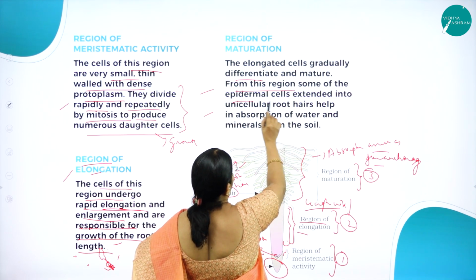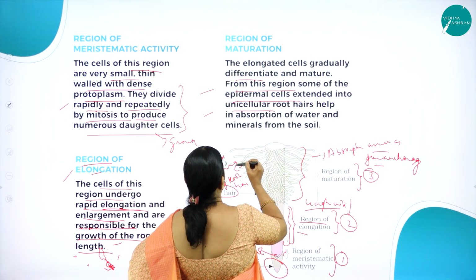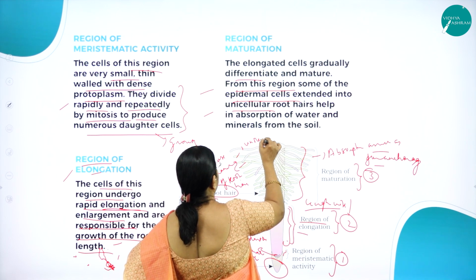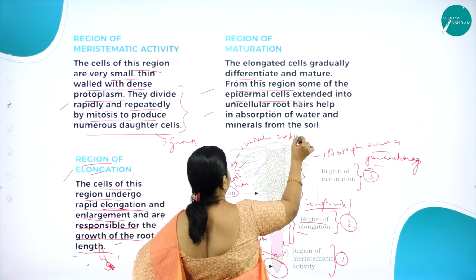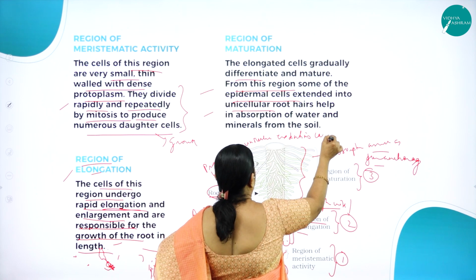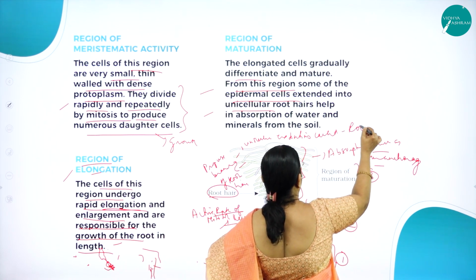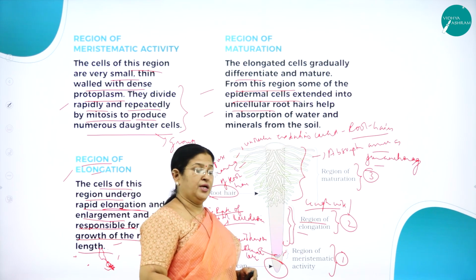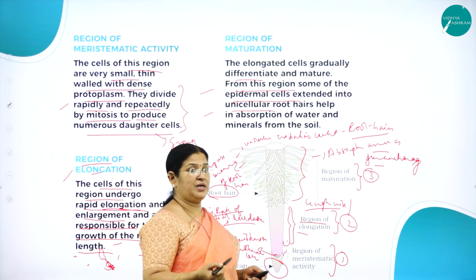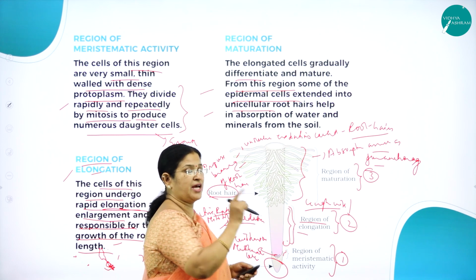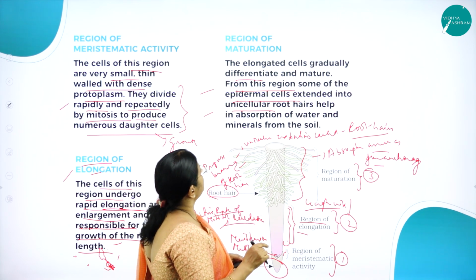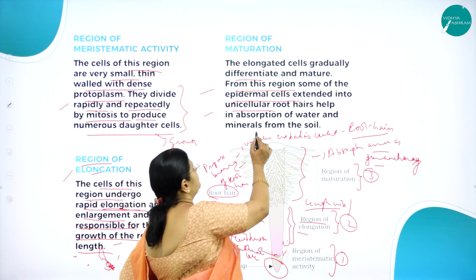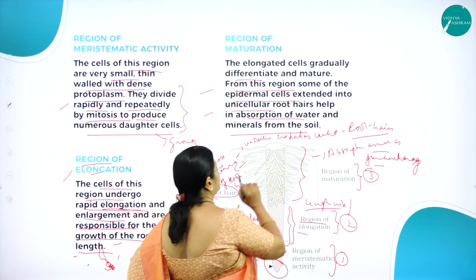From this region, some of the epidermal cells extend into, you can see here, these are unicellular extensions called what? Called root hairs. These are unicellular. The root hairs may be unicellular or multicellular, but here you can see they are unicellular, one is single. So they extend into unicellular root hairs that help in absorption of water and minerals from the soil.